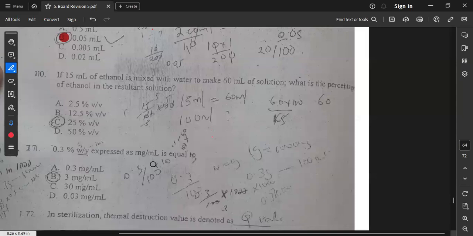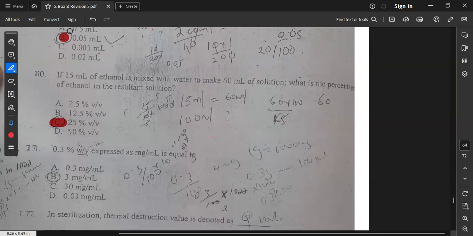0.3% weight by volume expressed as milligrams per ml is equal to. So that's 0.3 grams in 100 ml. What about 1 ml? Are we okay here?